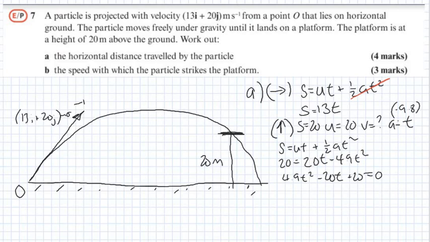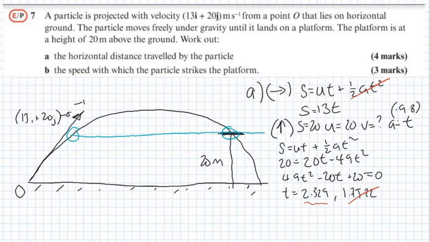Now we find the solutions for that. We find that t is equal to 2.329 and 1.7522. If we think about it, if this is our 20-meter line, there are 2 places, here and here, where it's 20 meters. The first one, 1.7522, is not what we're interested in. We want the second one.